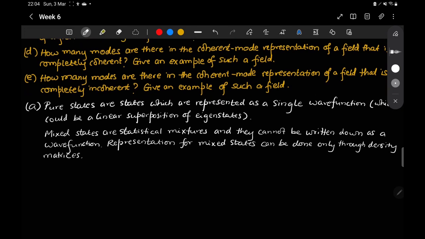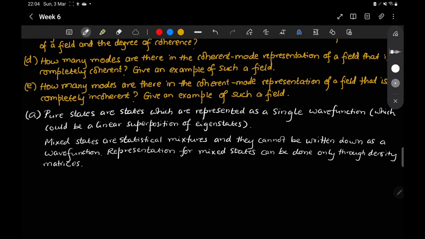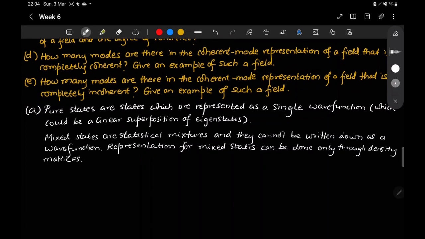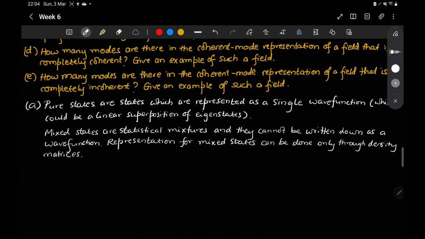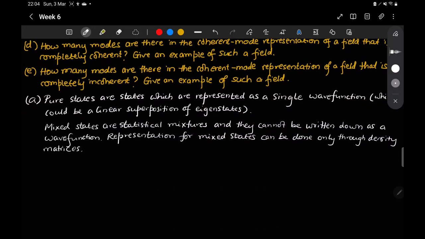And mixed states are statistical mixtures and they cannot be written down as a wave function. And representation of mixed states can only be through density matrices.